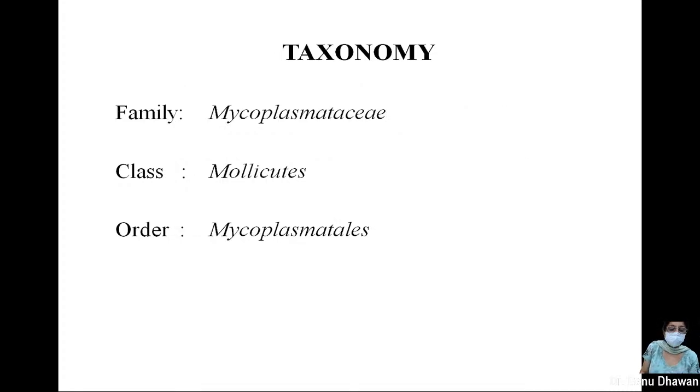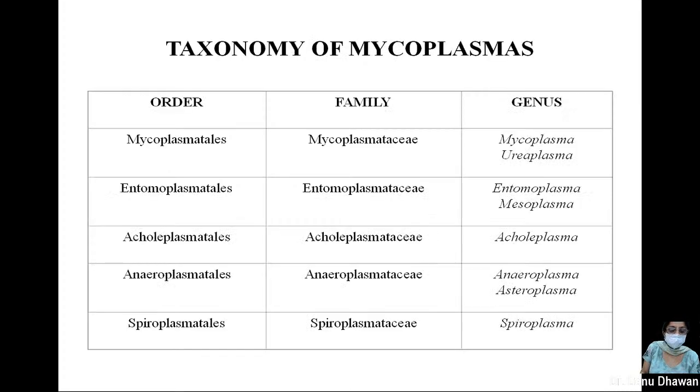Now, mycoplasmas belong to the family Mycoplasmataceae, class Mollicutes, order Mycoplasmatales. Here we'll just confine ourselves to the order Mycoplasmatales, in which we have the human mycoplasmas, that is the genera Mycoplasma and Ureaplasma.